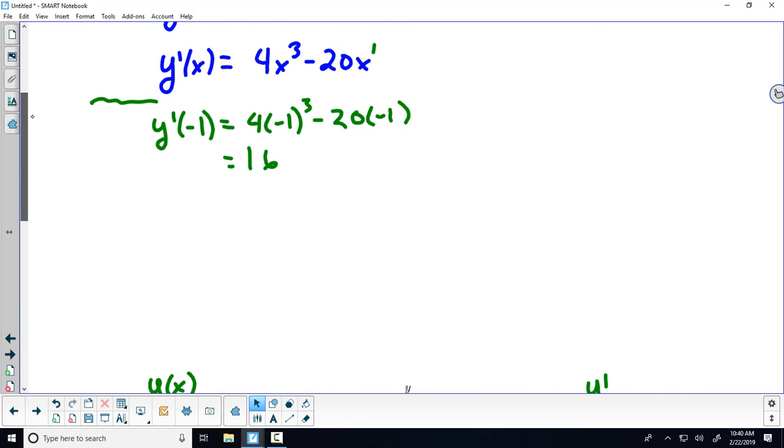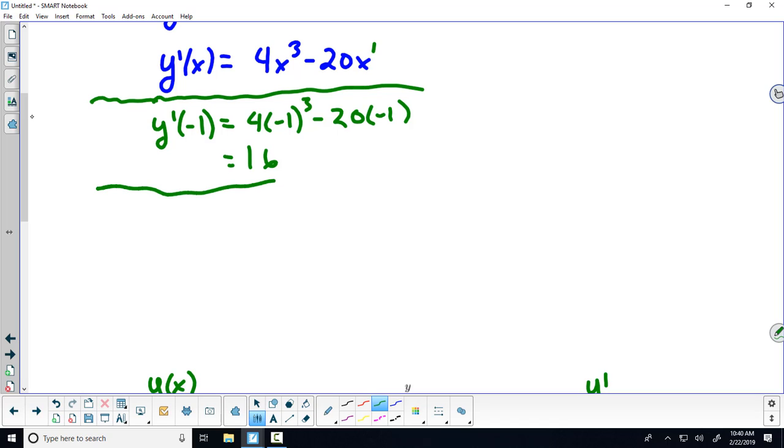So, that was just a quick example that I think was worth showing you about how the derivative works. Let's get back to the problem. Our question is where does this function, y, have horizontal tangent lines? So what am I going to do here?